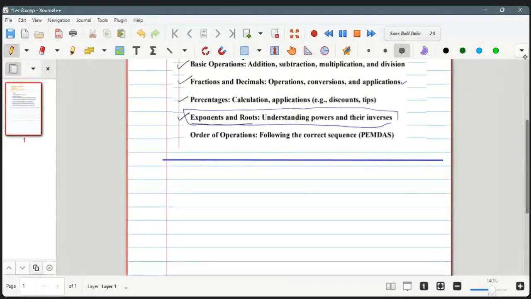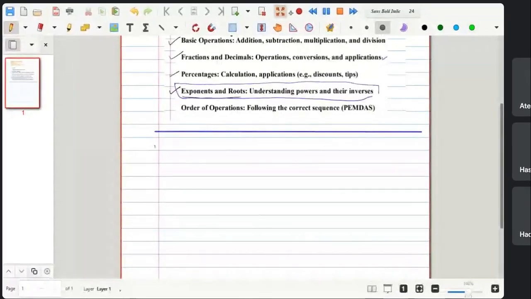So let me talk about exponents. We are in unit number 1. The name of unit number 1 is the number system.